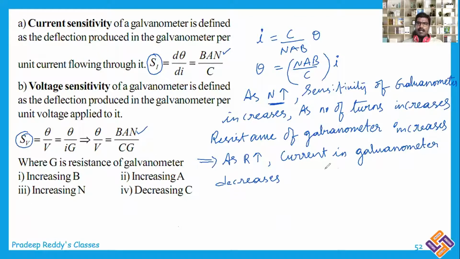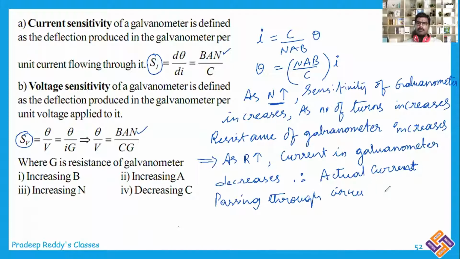Therefore, the actual current passing through the circuit could not be measured.